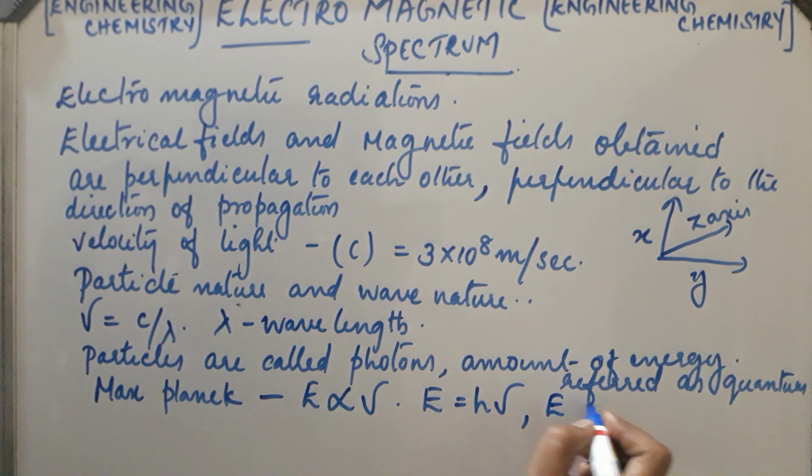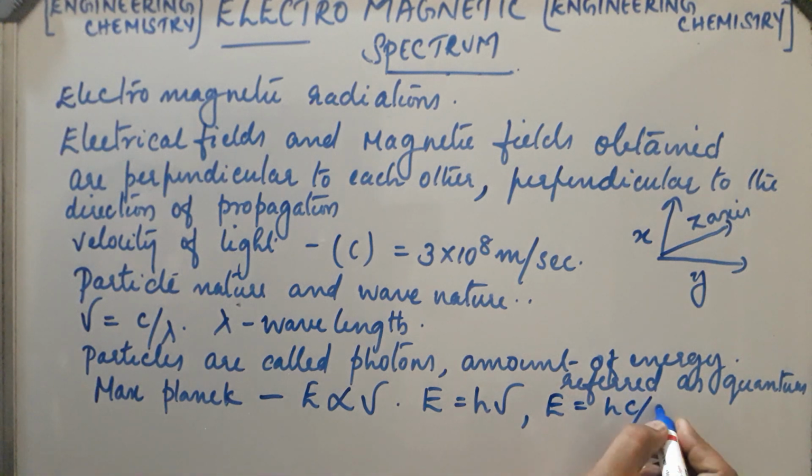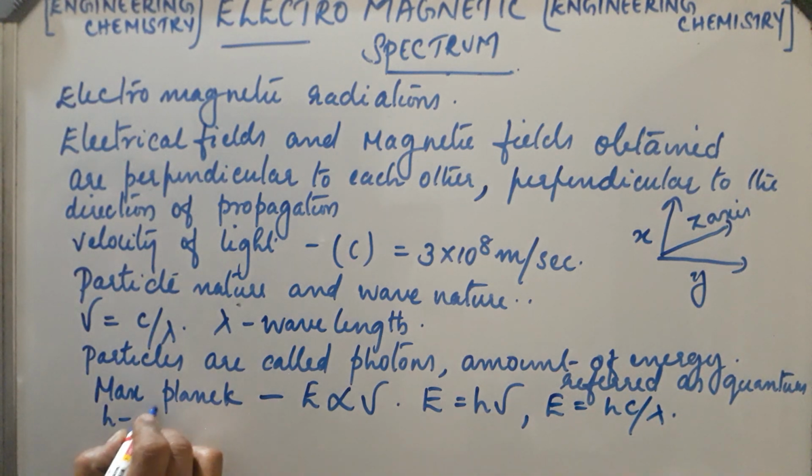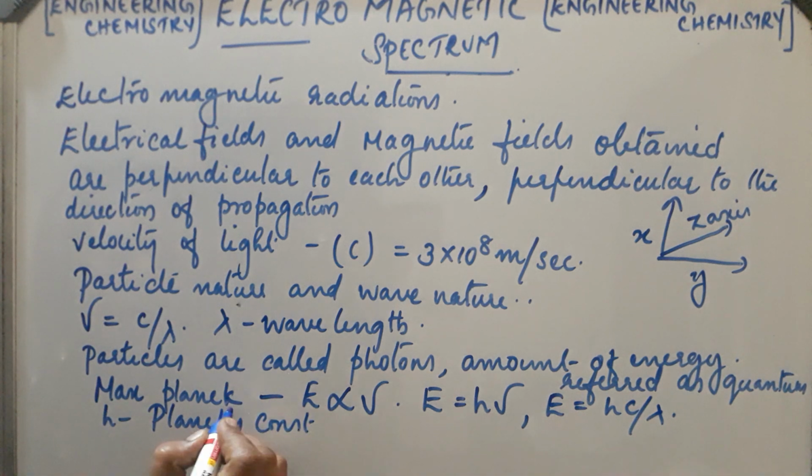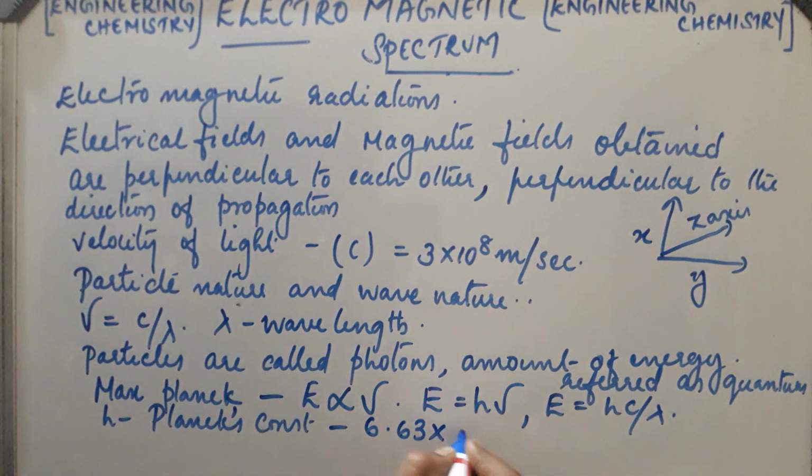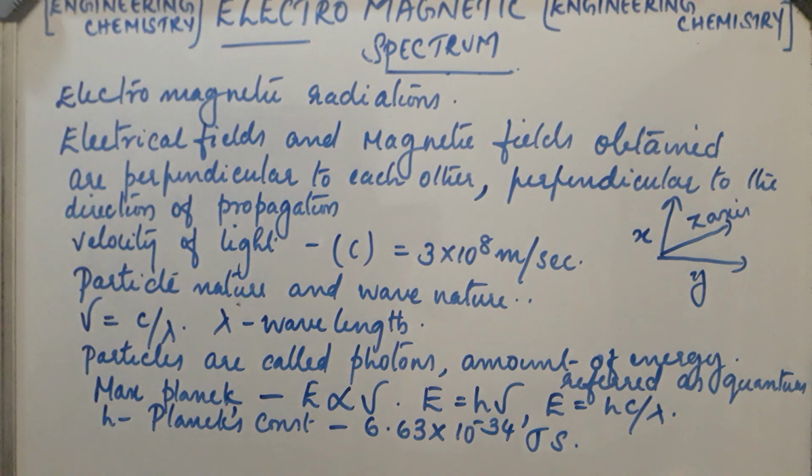Or we can write E is equal to hc by lambda. h is the Planck's constant, which is equal to 6.63 into 10 raised to minus 34 joule second. It is a constant. So, according to Max Planck, E is equal to h nu.